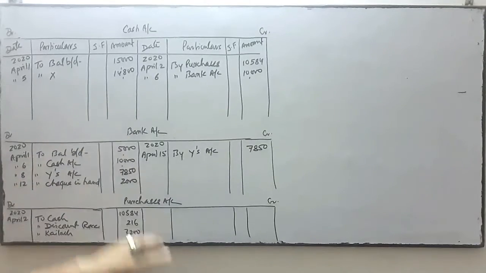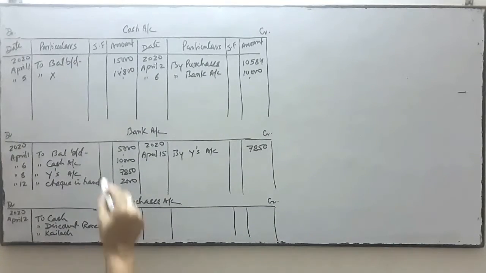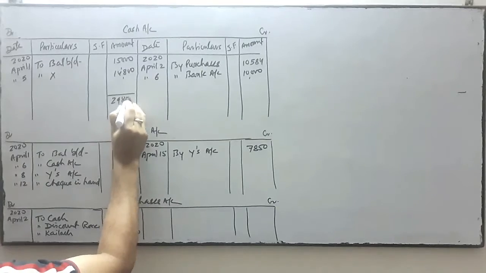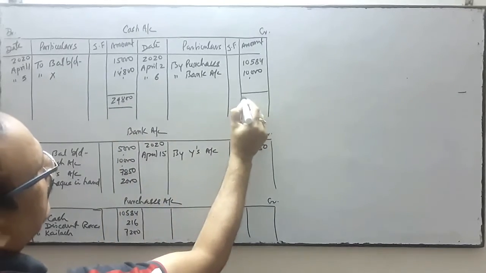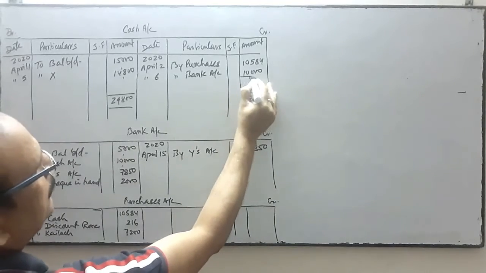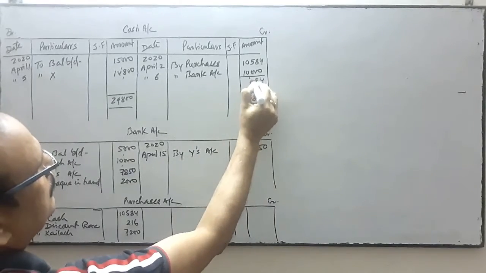So you do the posting like this, and thereafter we will find out the balance. For instance, the cash balance: the total of this side is 29,800. You will find out the difference.